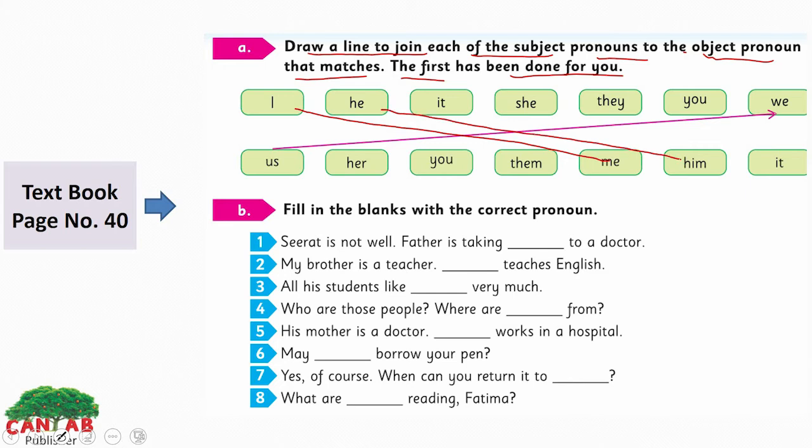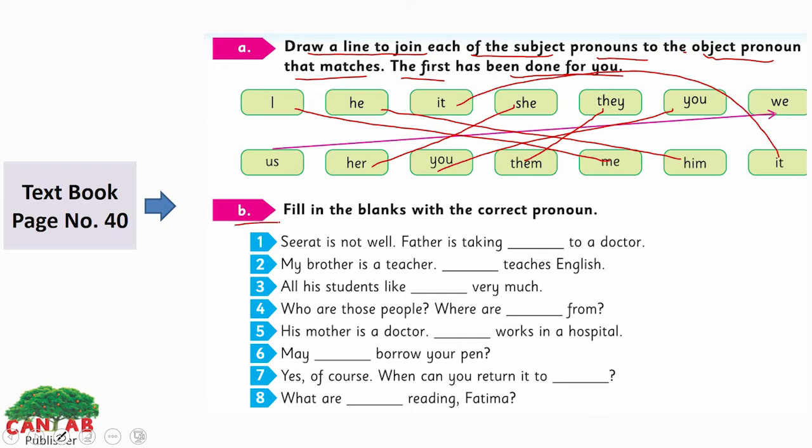He and him. She and, yes, she matched with her. And they, them. And you, yes, you will pair with you here. And the we is already paired. Which one is remaining? Yes, it here is remaining. It will be paired with, yes, it.